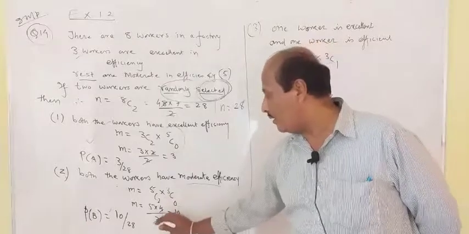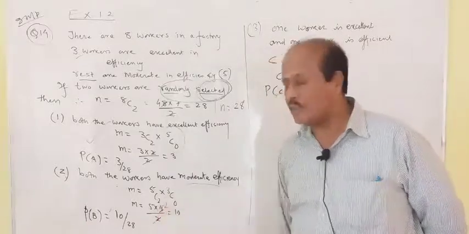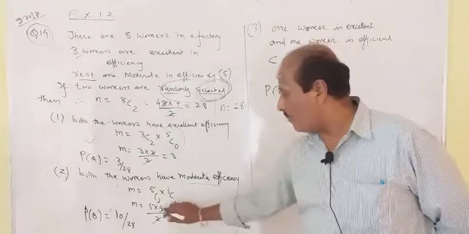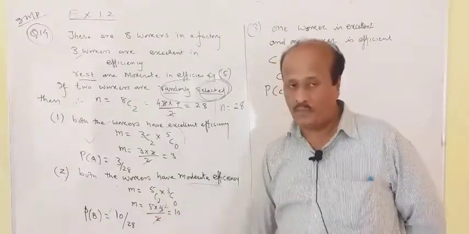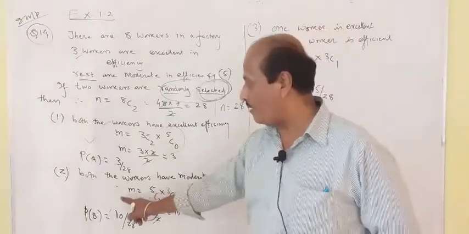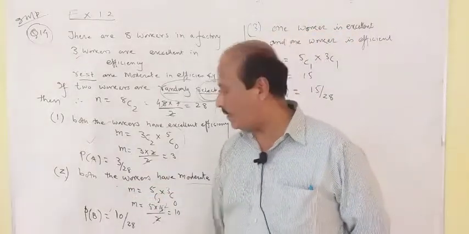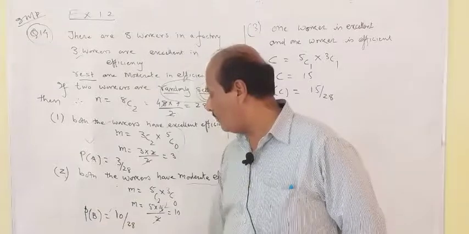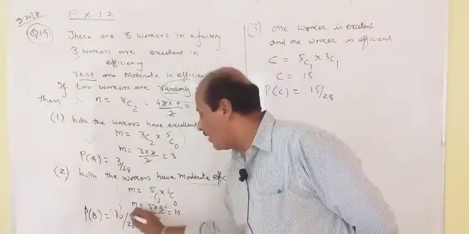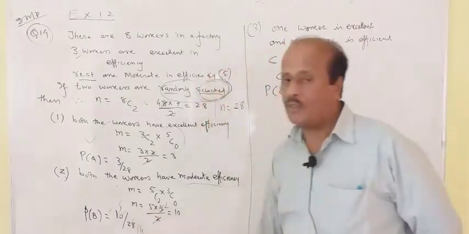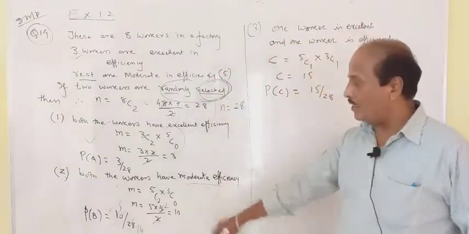I call this the B event, earlier one was the A event. So the probability of B will be 10 upon 28. If you cancel, then 5 upon 14 will be the answer of the second event.